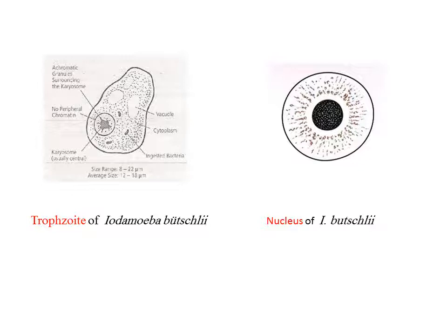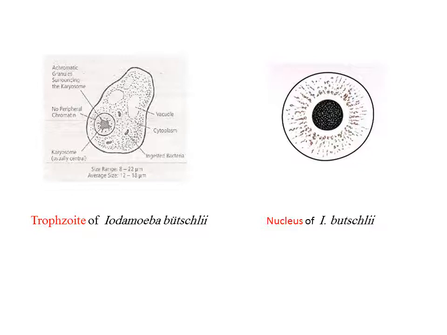The chromatin granules surround the karyosome to form a striation shape. And within the cytoplasm there are many types of vacuoles: contractile vacuoles and food vacuoles. Some of these can ingest bacteria.